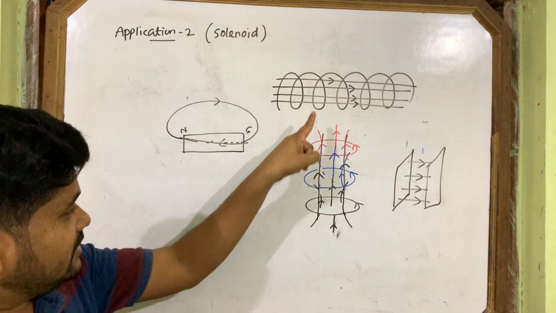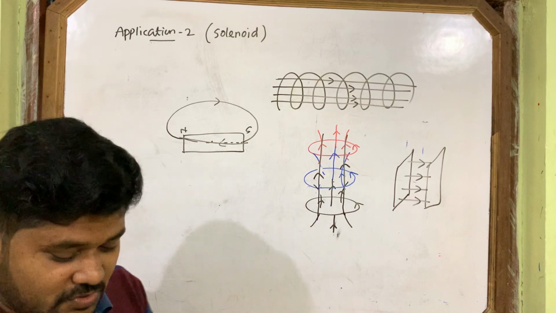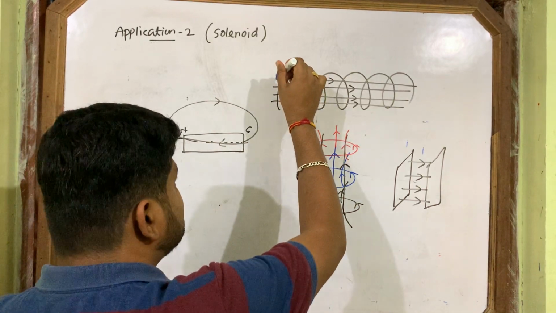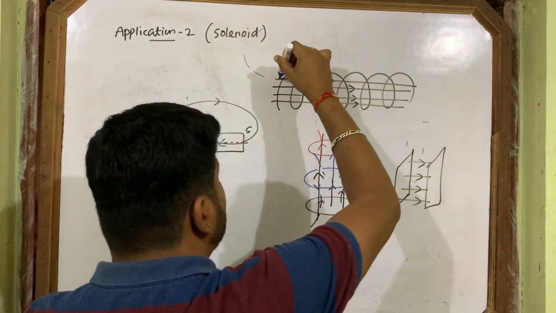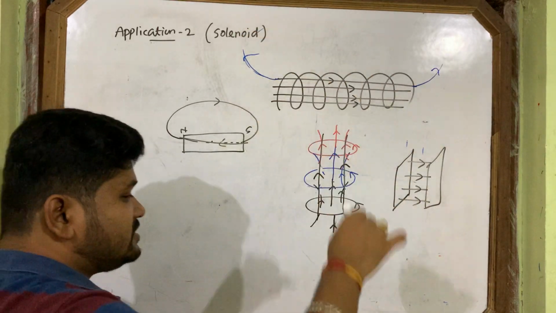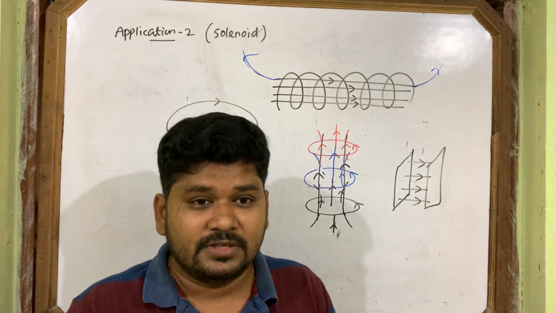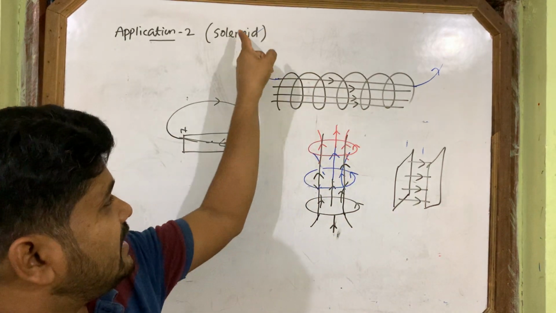So here, if they form closed loops, when will this straight line form the closed loop? To form a closed loop, this straight line will pass like this. Outside, it will pass like this, it will come in. Just outside the solenoid, it will bend in to form a closed loop.